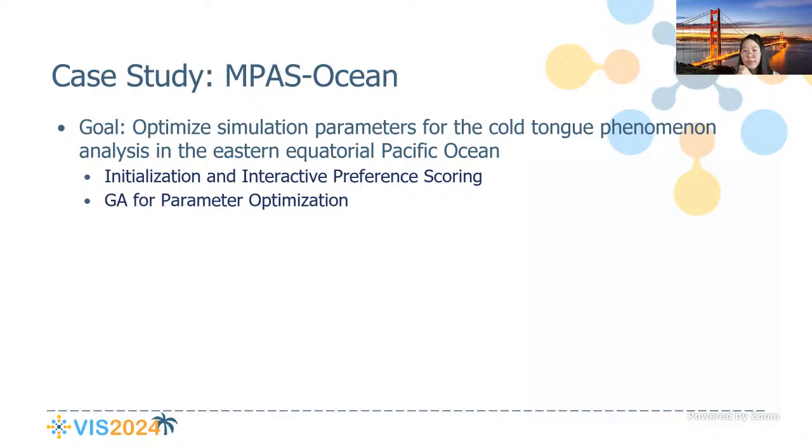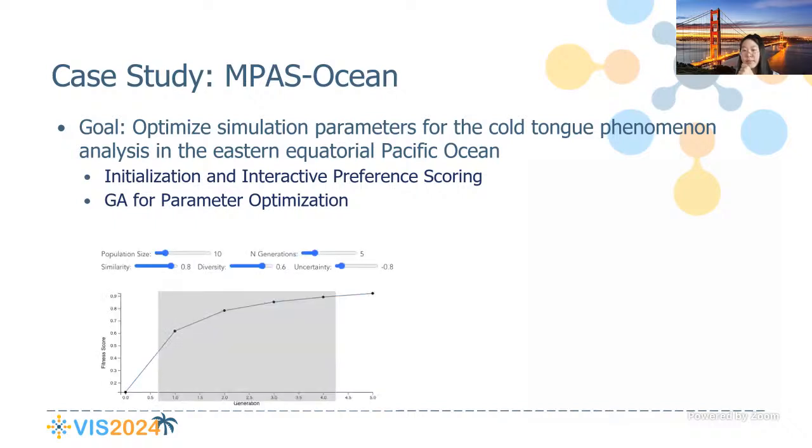And they also want different simulation parameters from the initially selected groups of parameters. So they will assign a higher similarity score for the output, a higher diversity score for the parameters, and a lower uncertainty score to indicate the exploration direction for the genetic algorithm.